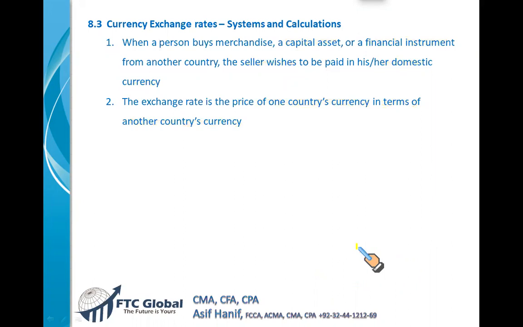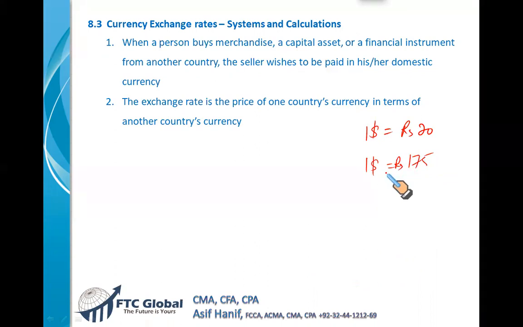As far as I can remember, the exchange rate of the US dollar to Pakistani rupee was 20 rupees, more than 20 years ago. Right now, ladies and gentlemen, $1 is about 175 PKR.